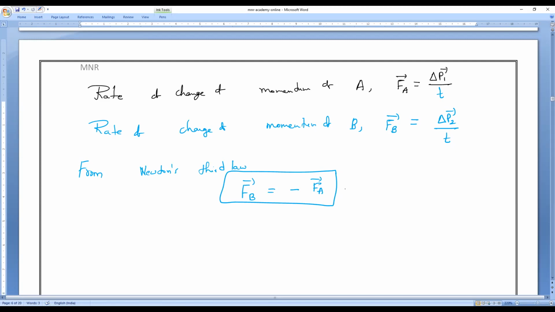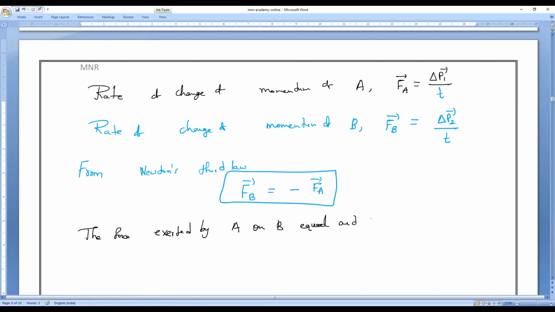You can take FA equals FB, whichever is convenient. I am convenient with this, so I am taking this. Any problem for anybody? Okay, guys. So this is according to Newton's third law. So now the force exerted by A on B is equal to what?